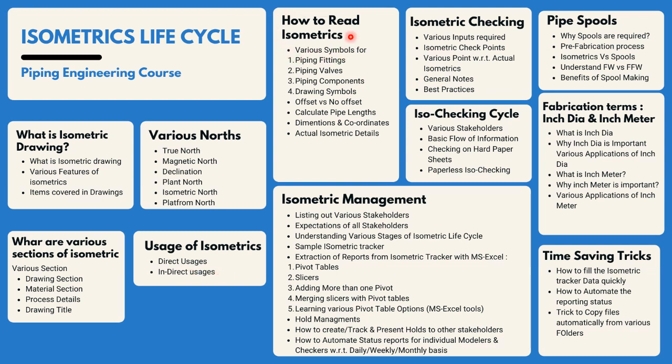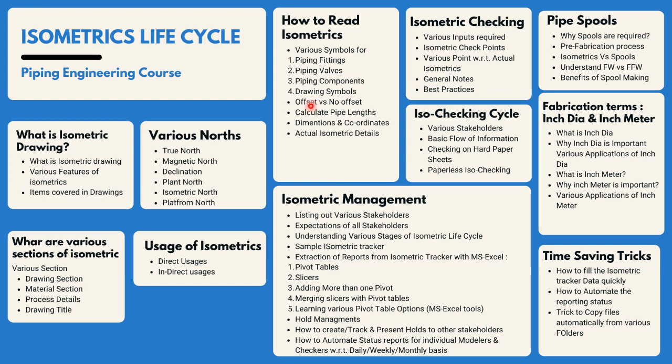Again, we'll look into how to read isometrics. This is very important, where we are going to cover various symbols of pipe fittings, piping valves, piping components, drawing symbols. This is how we will be able to understand what kinds of things are there in an isometric and how we interrelate everything with respect to each component, valve and other things.